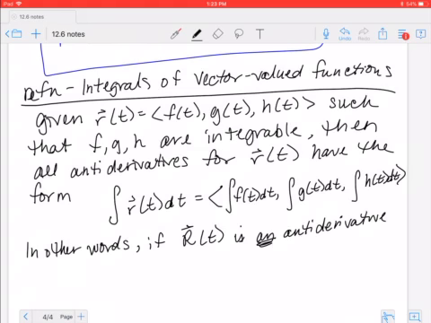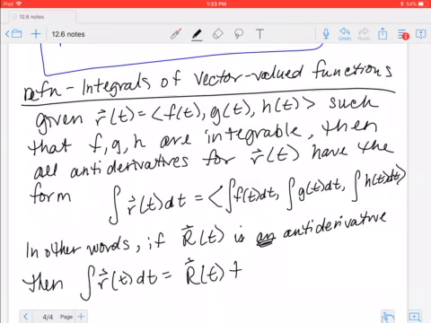So this is an antiderivative. Then my vector is equal to R plus C. Now, when you have this plus C, this C vector back here is a vector with constant components.